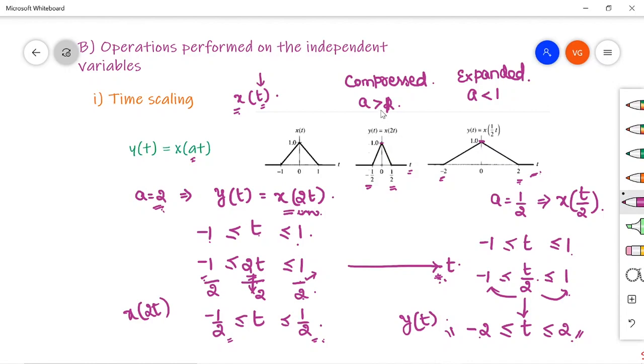If the scaling factor is greater than 1, the same signal is compressed. If it is less than 1, that is, here it is half, the same signal is expanded. So how many times it is more, that many folds it will reduce here. How many times it is less, that many times it will be multiplied on the time axis. Right? This is called time scaling.